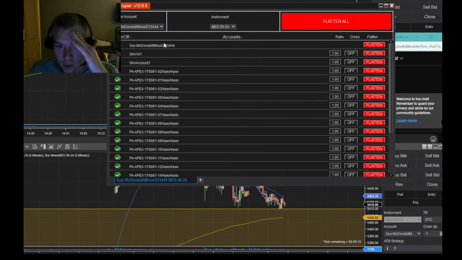Yeah, the trade copier is armed with 20 micros.